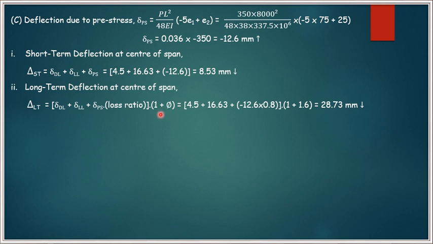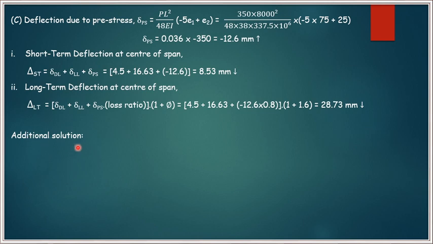So deflection due to dead load 4.5 plus deflection due to live load 16.63 plus, in bracket, minus 12.6 into 0.8 the loss ratio, bracket closed, whole multiplied by 1 plus 1.6 the creep coefficient. Total comes out to be 28.73 mm acting in downward direction, which is the long term deflection on the member.